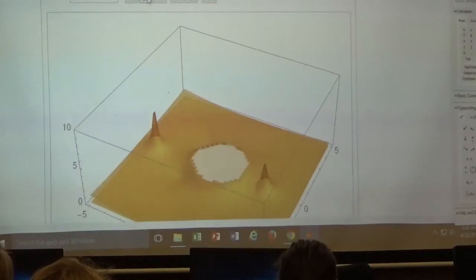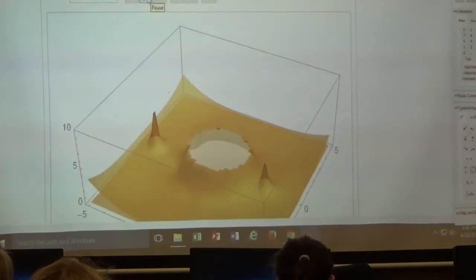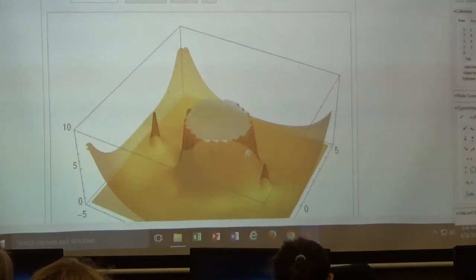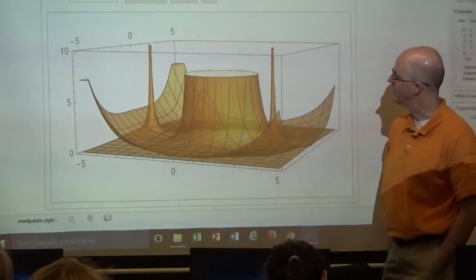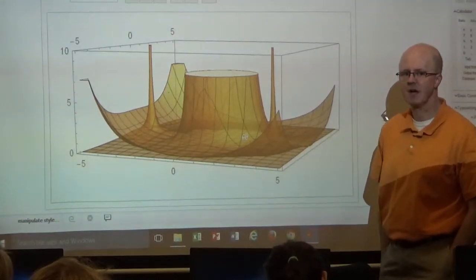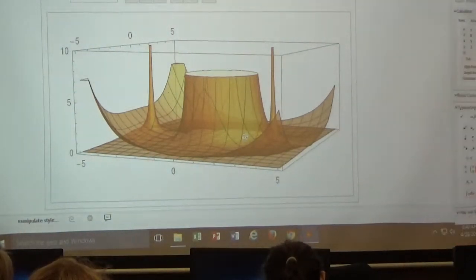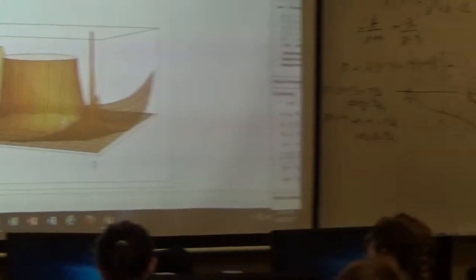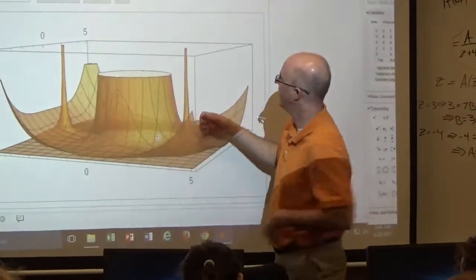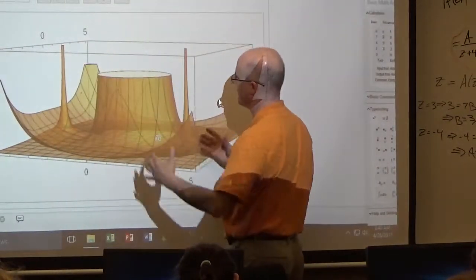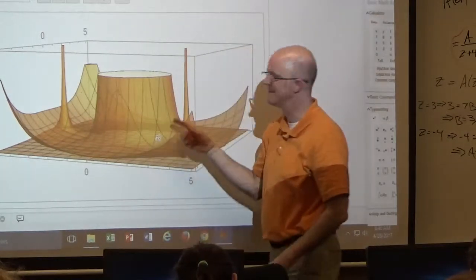What's that hole in the middle, you might be wondering? That hole in the middle is there because of the partial sums, not because of the original function. The partial sums are converging on the annular region between two circles of radius 3 and 4. It's converging in between where the poles of the original function are and where this massive pole of the partial sum is occurring.